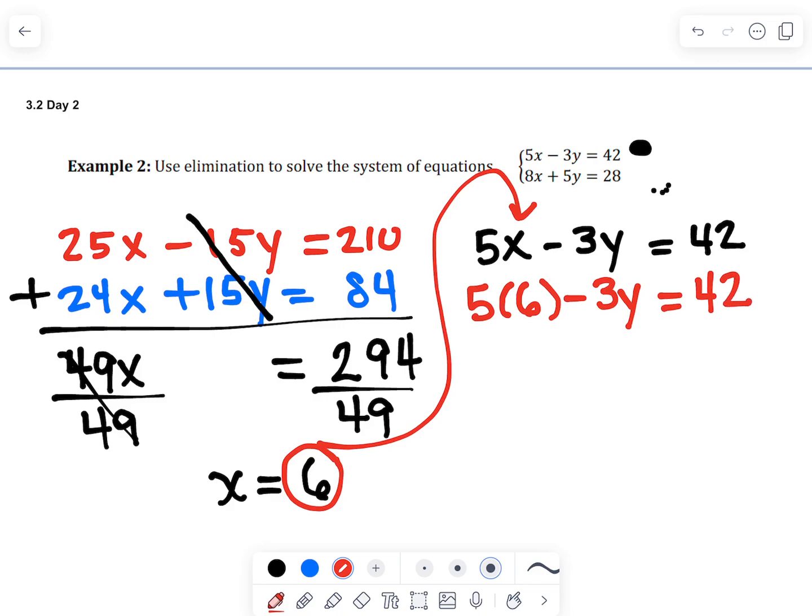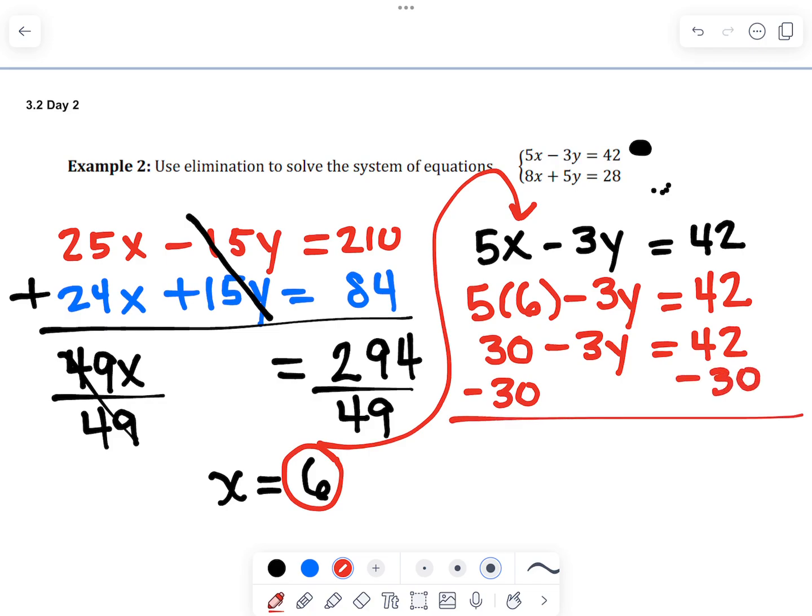And we're going to solve for y. So 5 times 6 is 30 minus 3y equals 42. Then we subtract 30 from both sides. Reduce 42 minus 30 is 12.